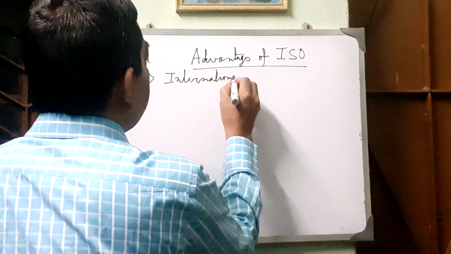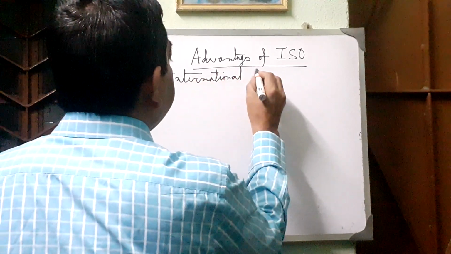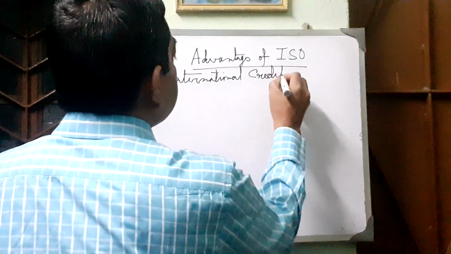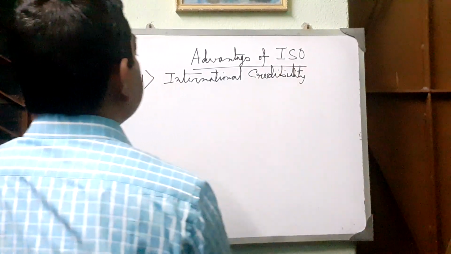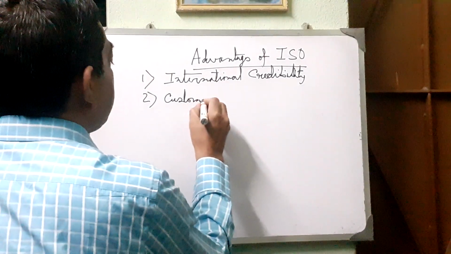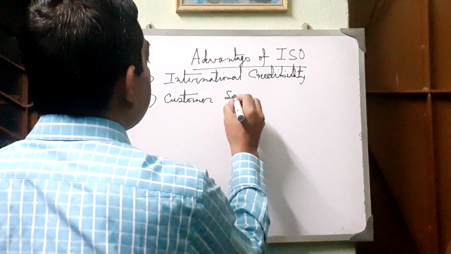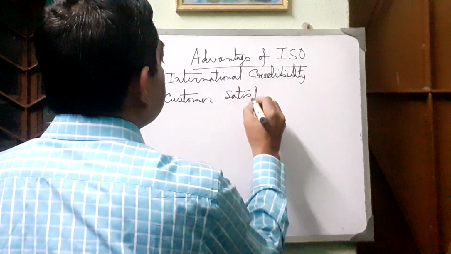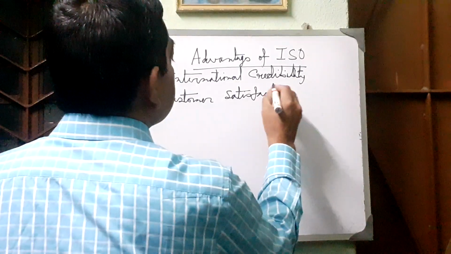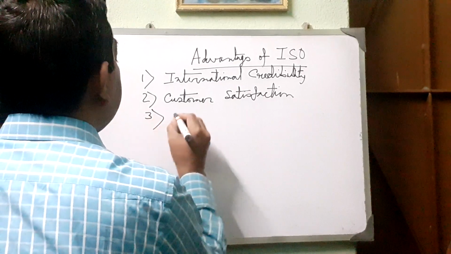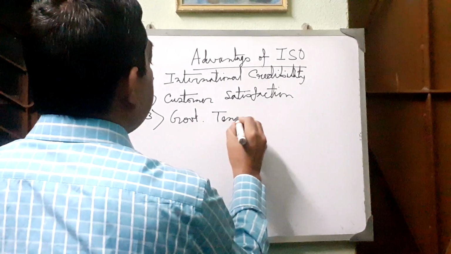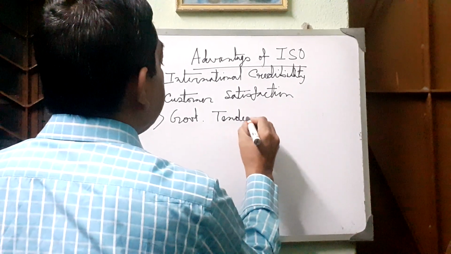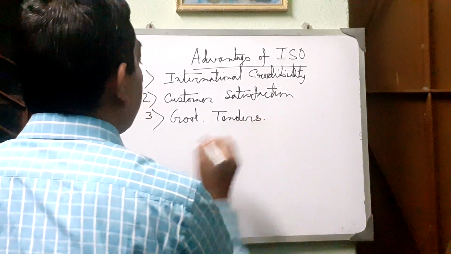The second is customer satisfaction. The third is government tenders. It is easier to win a government tender if your organization already has ISO certification.